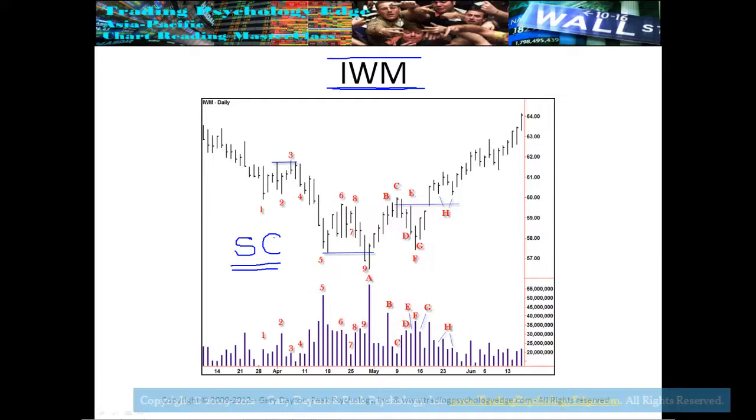I'm talking about very large players. They have that kind of capital to be able to go into the market and stop a big cascading waterfall type climax like this. So from here, we would expect a rally, and look at the next day.